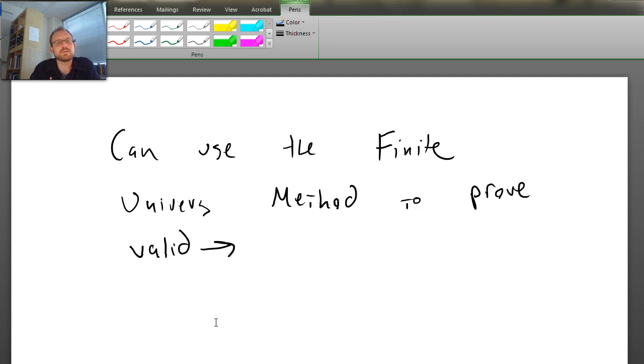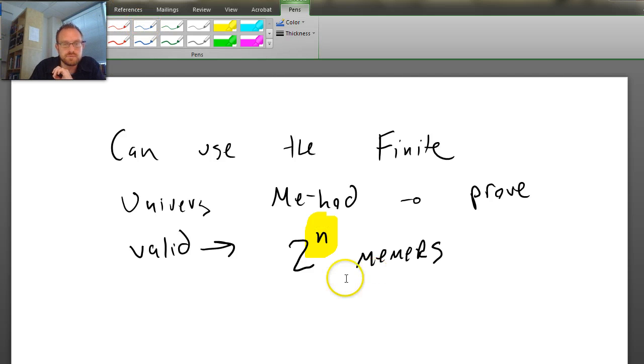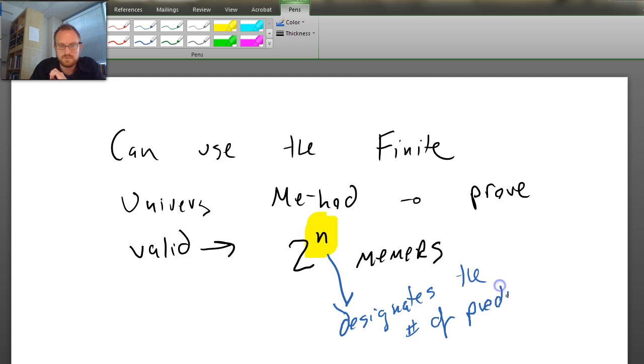And the answer is this, because there's a theorem for this: an argument that does not fail in a universe of 2 to the nth number of members, where n designates the number of predicates present, is valid.